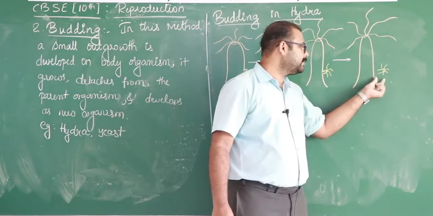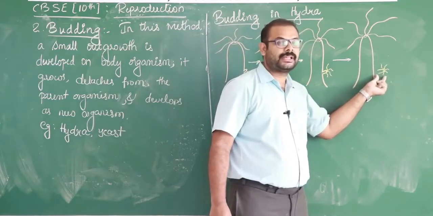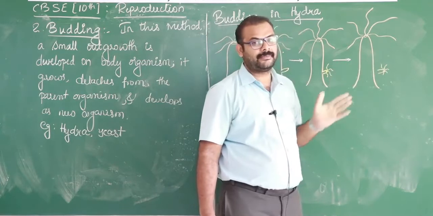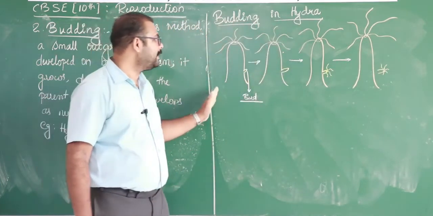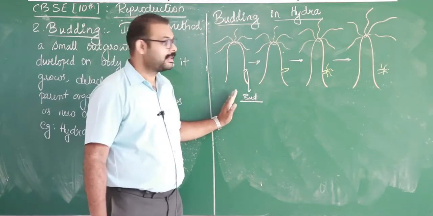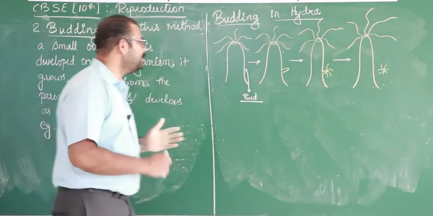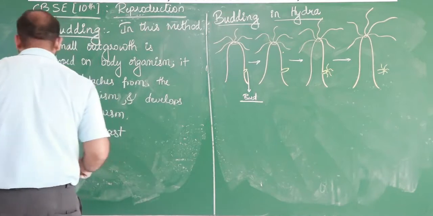Once it detaches, it grows as an independent organism. So this method of reproduction is what we call budding in the case of Hydra. Now let's see one more example, budding in yeast.